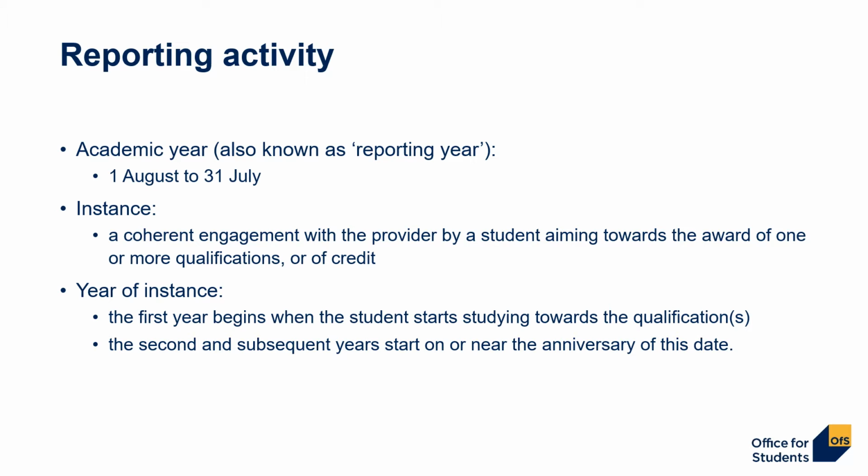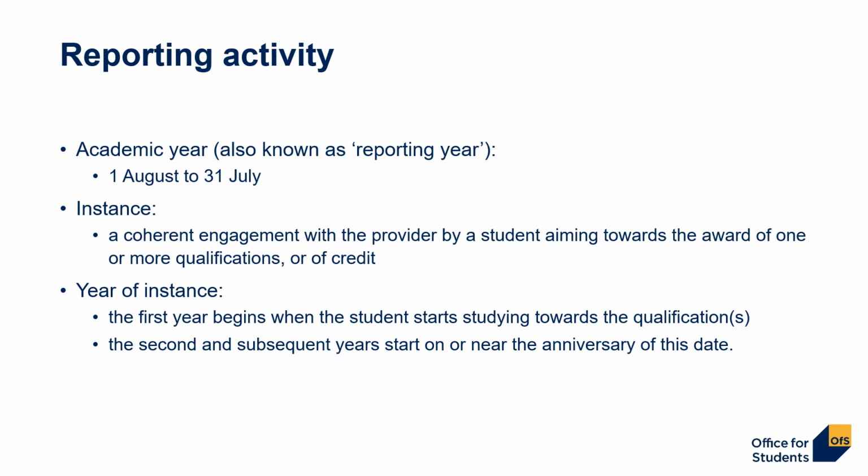We also have the concept of an instance, which is really important. So an instance is a coherent engagement with the provider by a student aiming towards the award of one or more qualifications or of credit. So that is very important when determining some of these fields and how they should be reported.